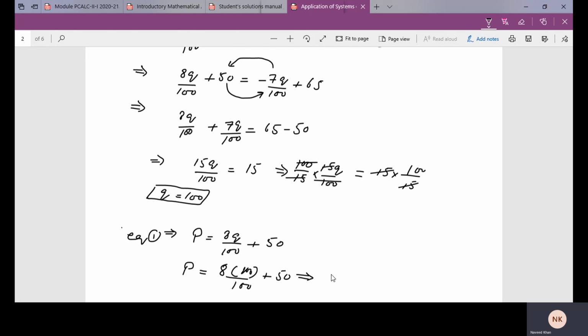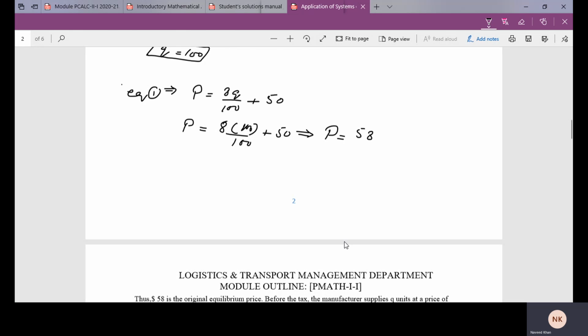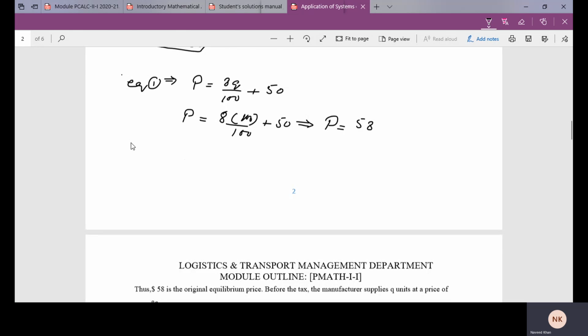This implies that the value of p is equal to 58. So when q is equal to 100, then p is equal to 58. This is the value of q before tax, and this is also the price before tax.